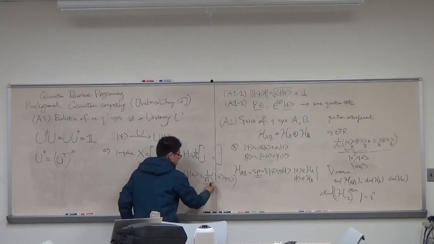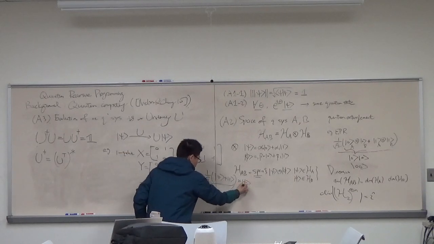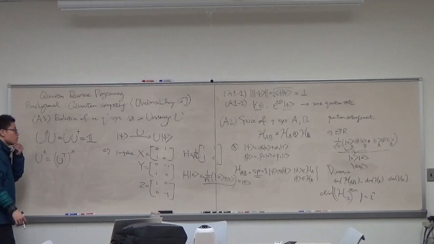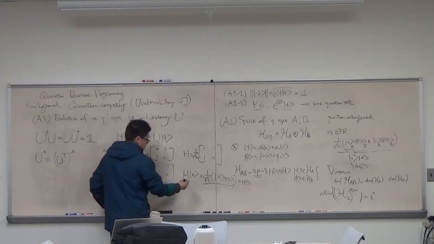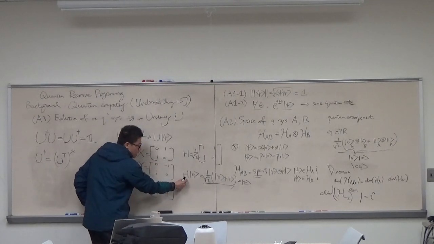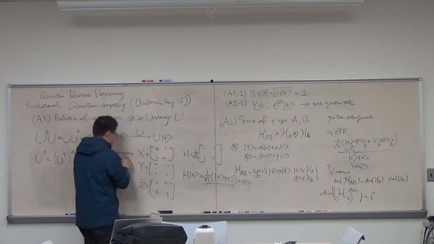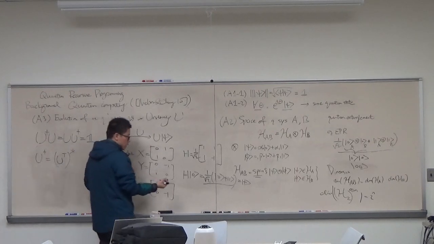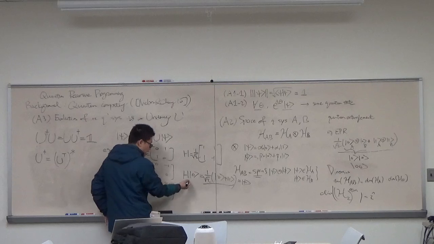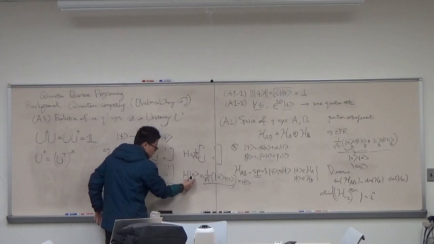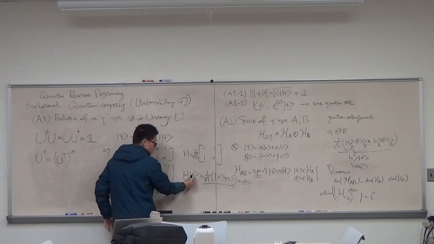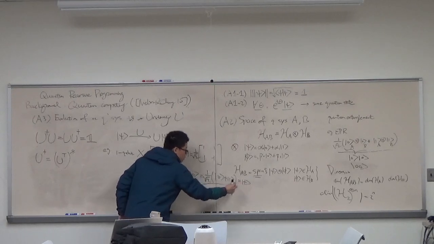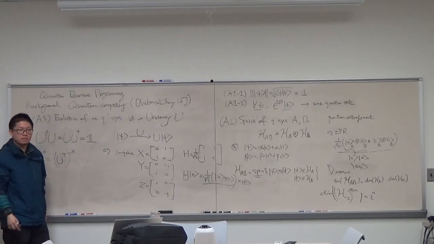We often denote this state by plus. It is the plus state. So if you apply this H gate, a 1-qubit quantum gate, to the initial quantum state 0, it will be transformed into the plus state.